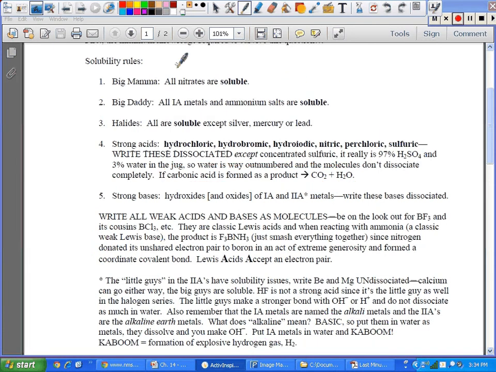So if I have some potassium solid and I mix it with H2O, what type of reaction is this? Single replacement, right? So K is going to kick the H out. So you're going to get a metal oxide, which is K2O, plus what? H2.